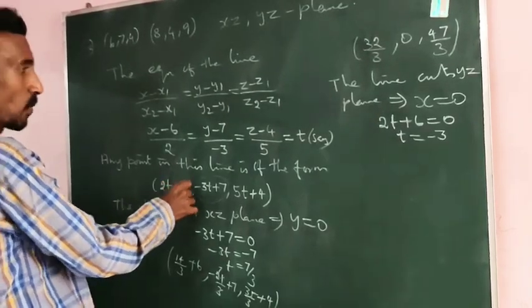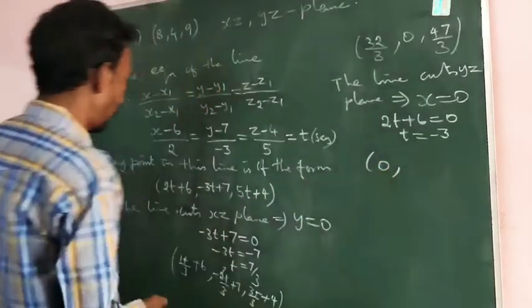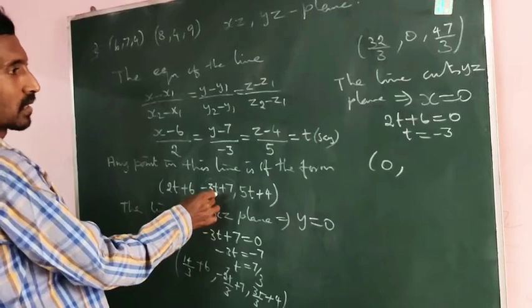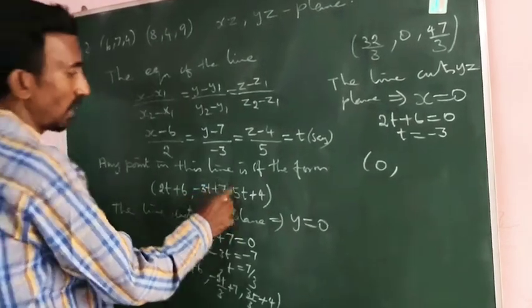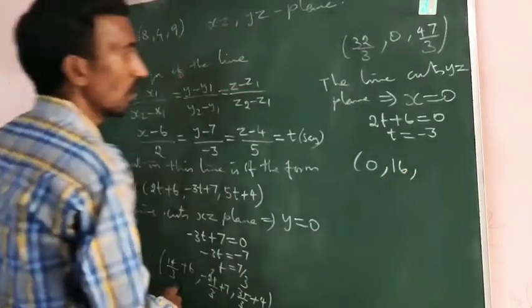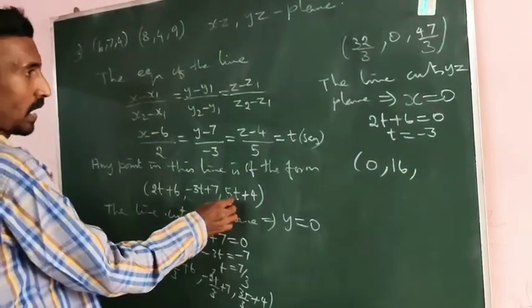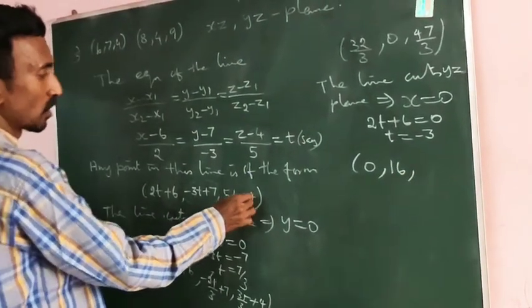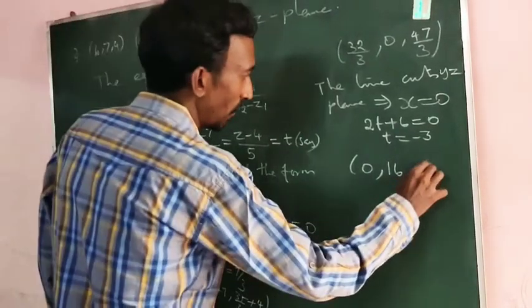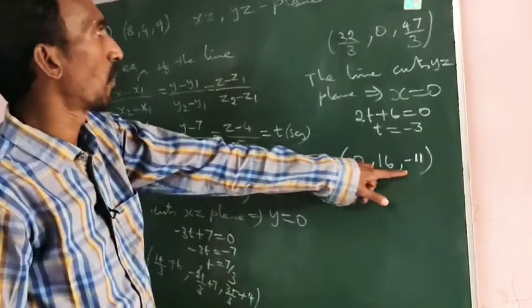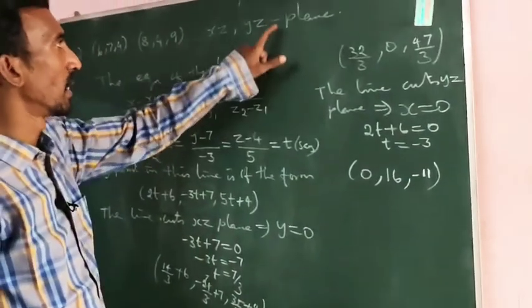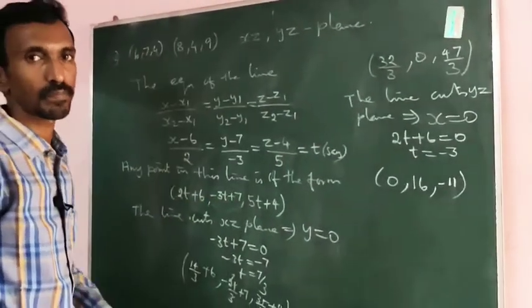So minus 6 plus 6 is 0. Next, minus into minus is plus, 9 plus 7, 16. Next, minus 15 plus 4, minus 11. So (0, 16, minus 11) is the point where the line meets the yz plane.